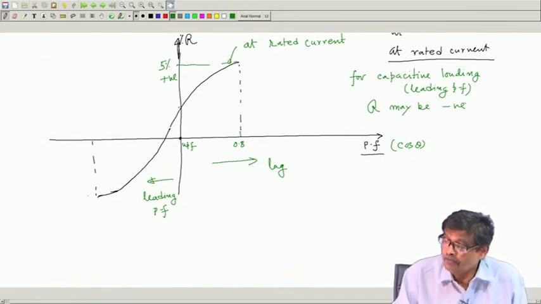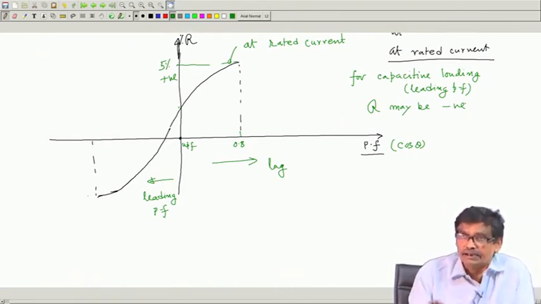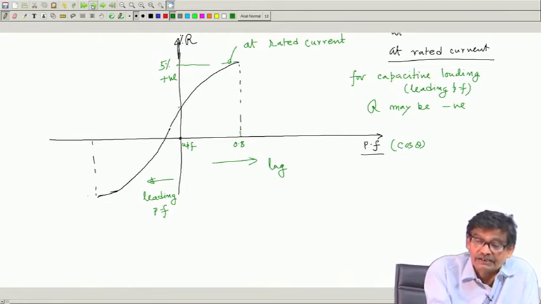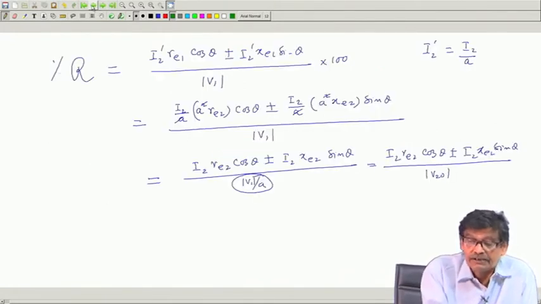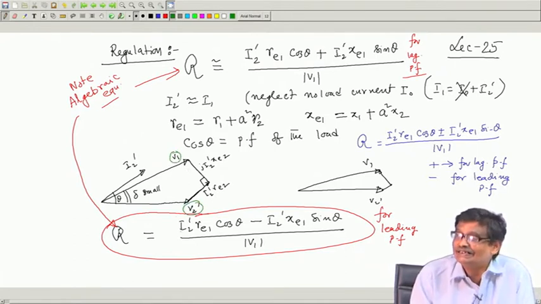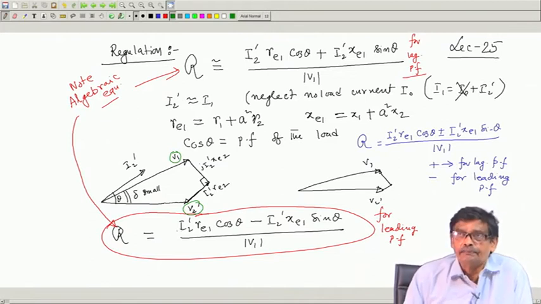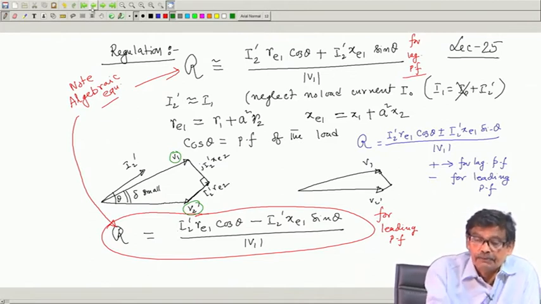So, for leading power factor load, if you draw the phasor diagram correctly, there will be some power factors for which the length of this phasor, I drew some phasor diagram here, the length of this will be more than this. Got the point? Therefore, regulation may be negative sometimes and voltage may rise.